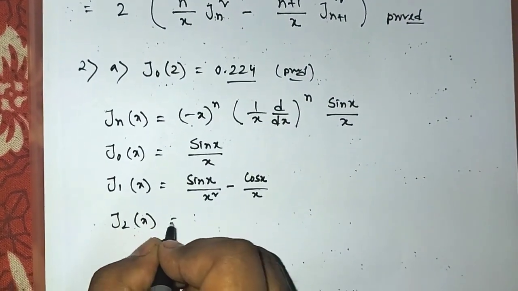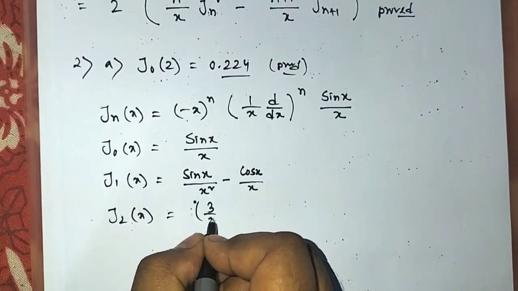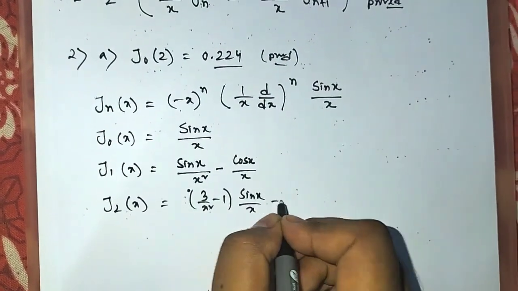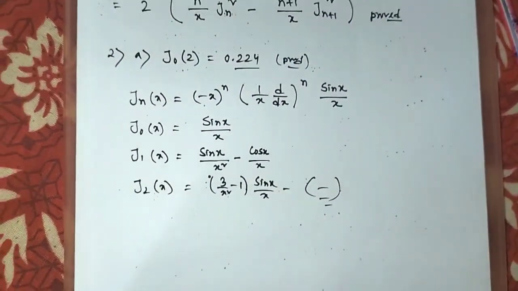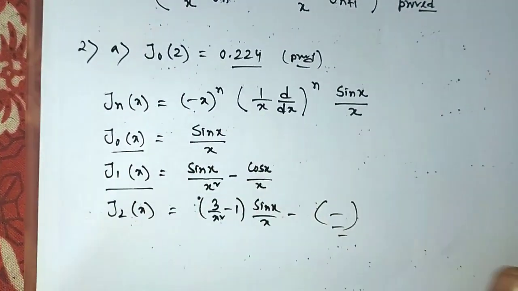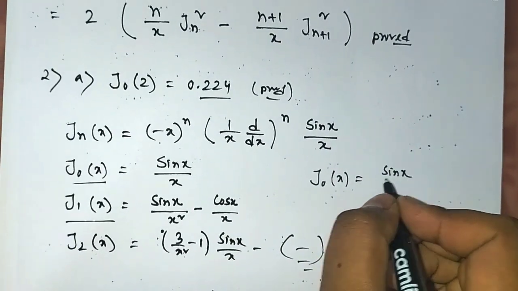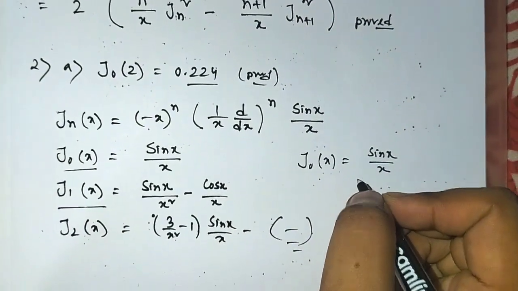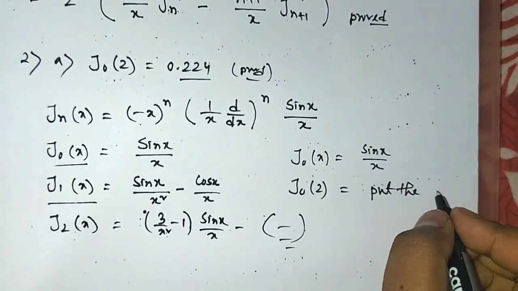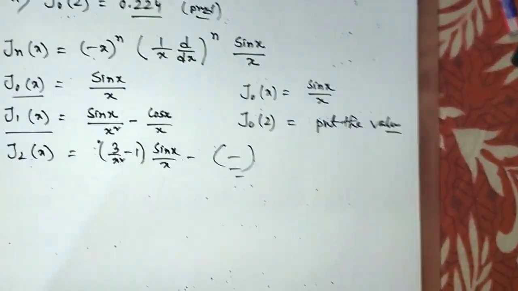And similarly J_2(x) you will get (3/x square minus 1) sin x / x minus something. I can't remember. So I need J_0(x) and J_1(x). J_0(x) equals sin x / x, and here it is given J_0(2). So put the value, substitute and evaluate by the calculator.